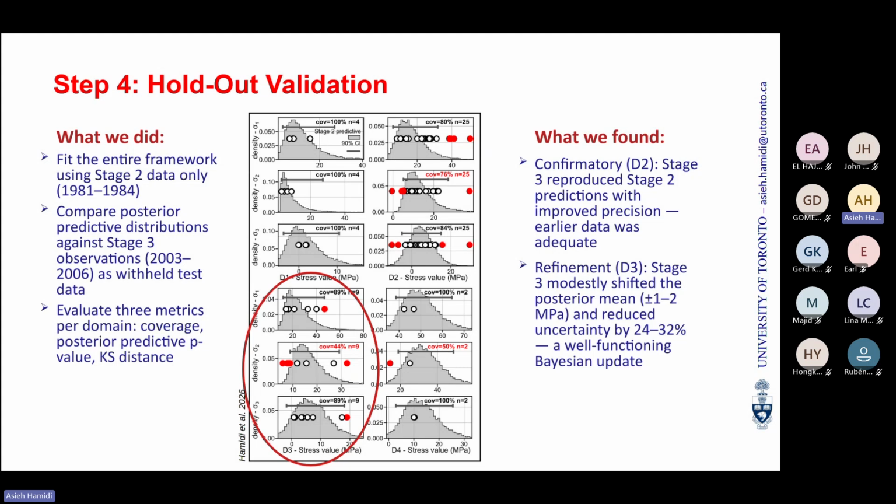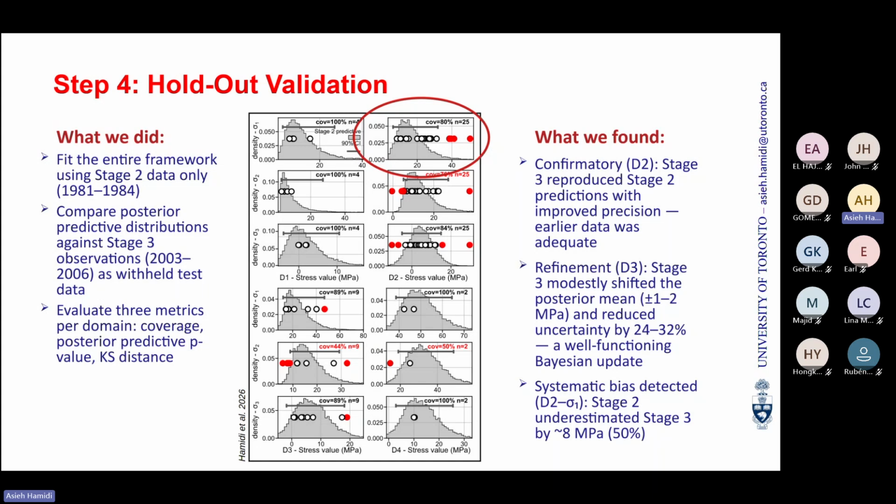So the more data, the more accurate the model is, as long as we do partial pooling. Another thing we found is that if we do not do partial pooling, we will miss some information that the data have.